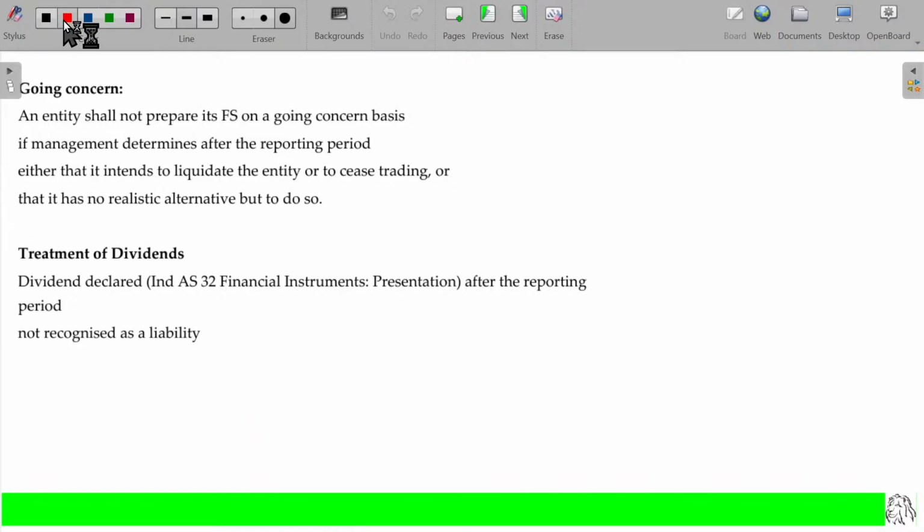An entity shall not prepare financial statements on a going concern basis if the management determines after the reporting period either that it intends to liquidate the entity or cease trading, or that it has no realistic alternative. Usually, the entity should prepare based on the going concern assumption. But if the management has decided already, then you cannot record at going concern basis value.